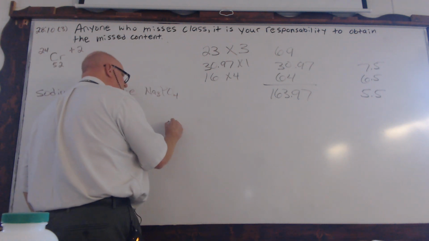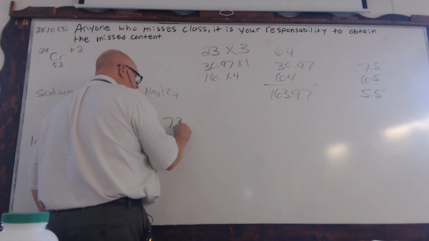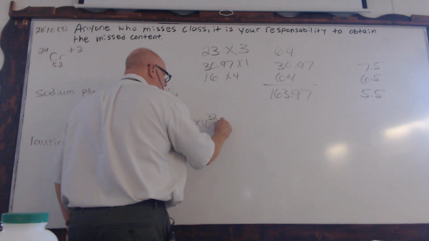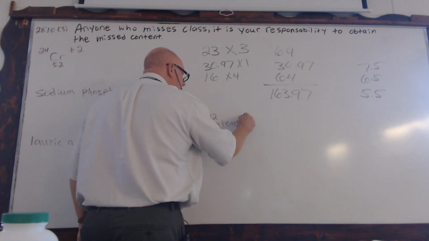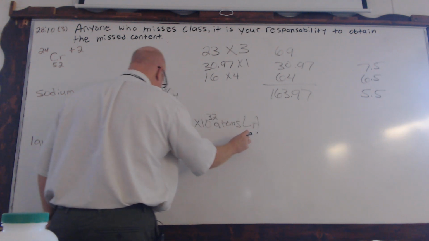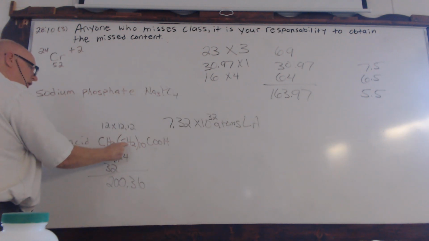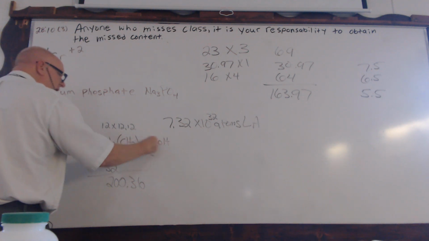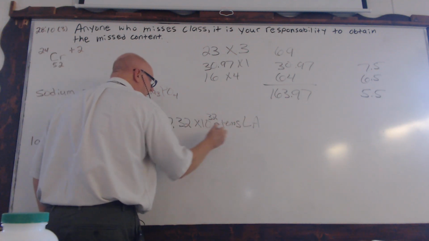Okay, 30 seconds. So 7.32 times 10 to the 32nd atoms of lauric acid. And we can do that because we've got the formula for lauric acid right there. So rather than writing this out each and every time, we just put LA there.